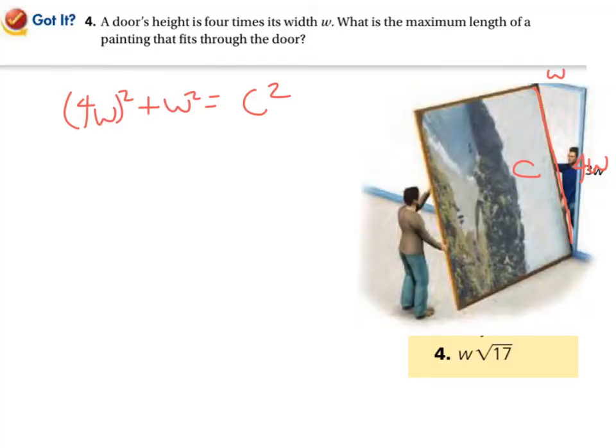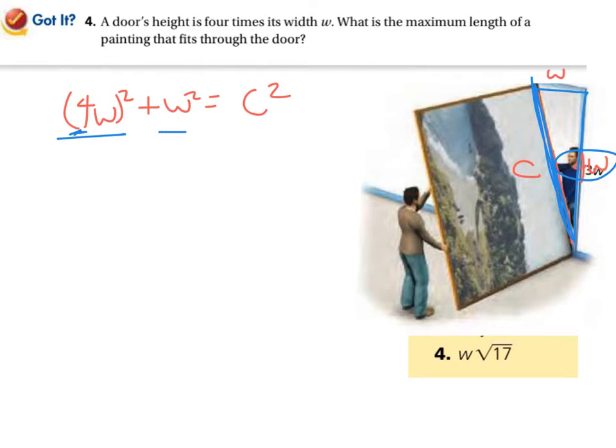Okay, so for the next one, it's almost the same problem, with the exception that this time the height is going to be 4 times the width. Still makes that lovely right triangle though, and I'm going to call my hypotenuse C. So again, reminder, Pythagorean's theorem, a squared plus b squared equals c squared. So 4w squared, again we're going to square that 4, plus w squared equals c squared.